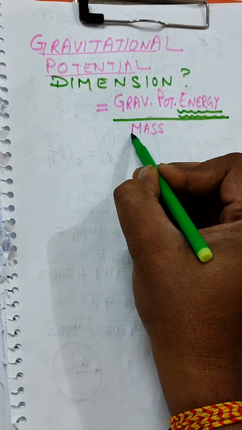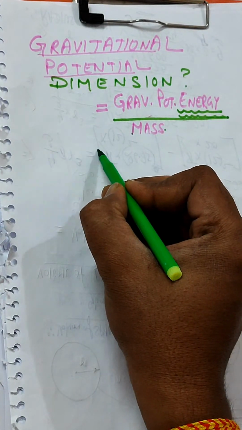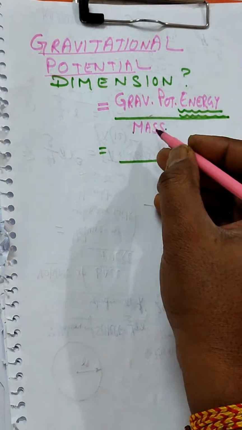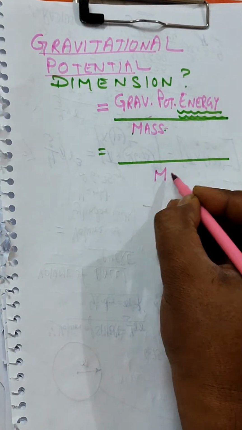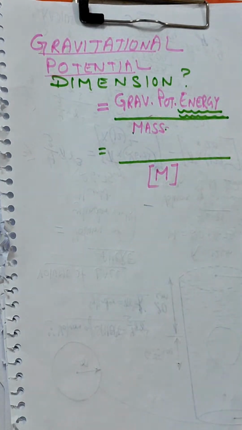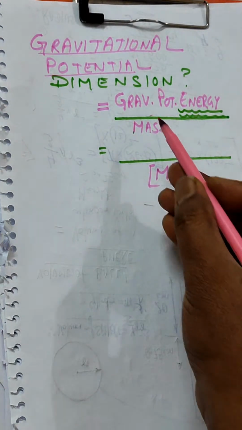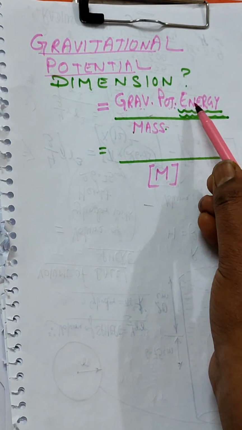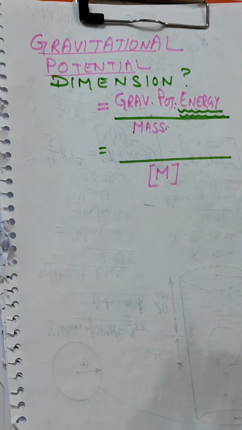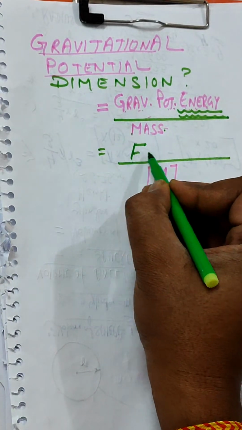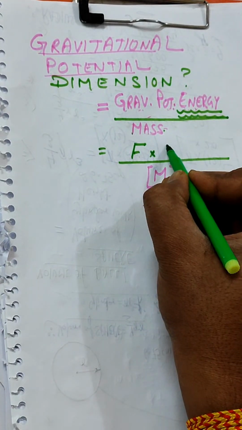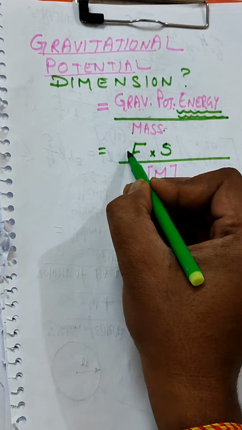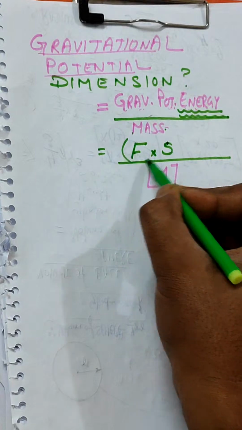So this is also a fundamental quantity. For mass, we can simply put up the fraction first. For mass, it will be M in the denominator, and for the numerator, it's gravitational potential energy. So basically this is energy, and energy is force into displacement, F into S. I'm just writing the definition.